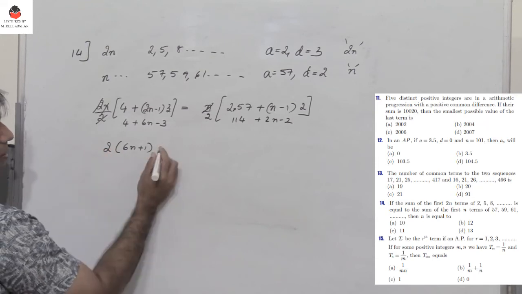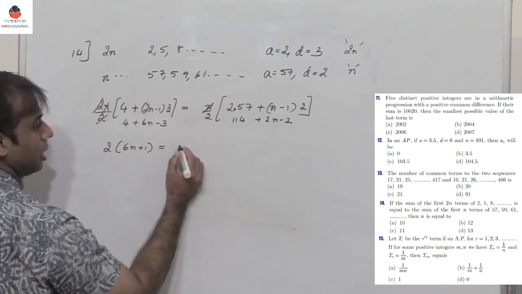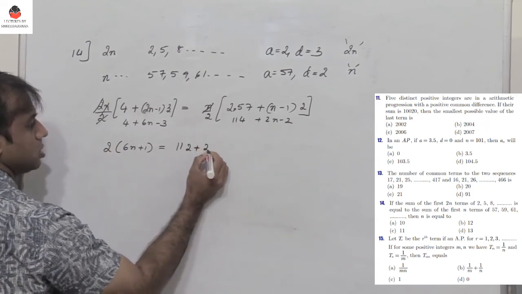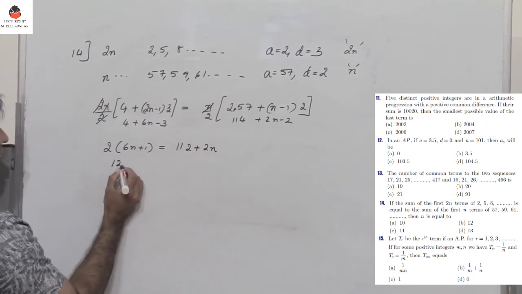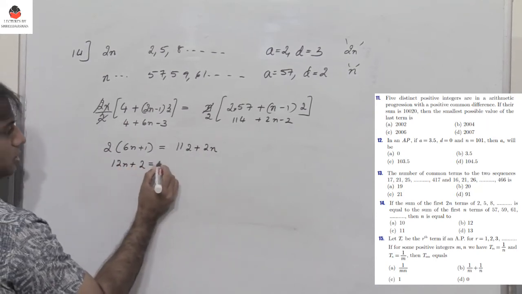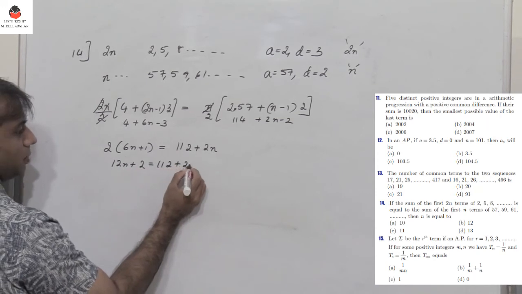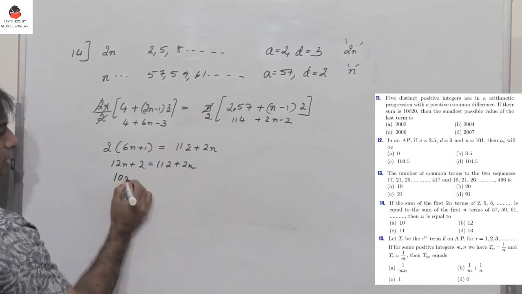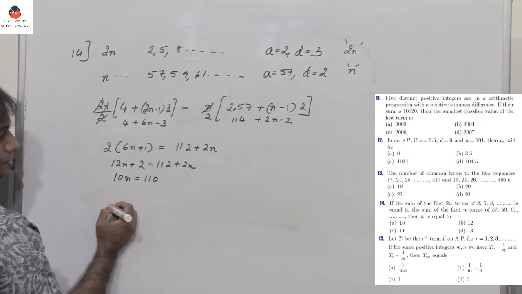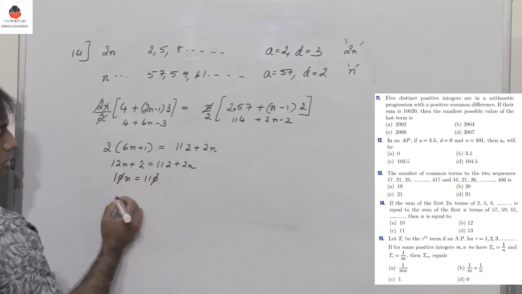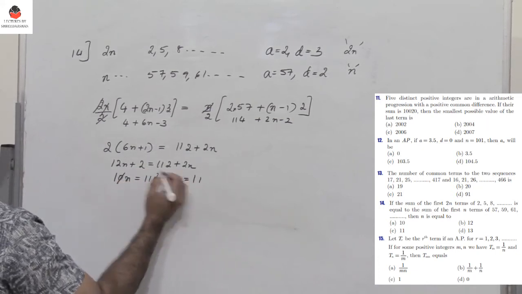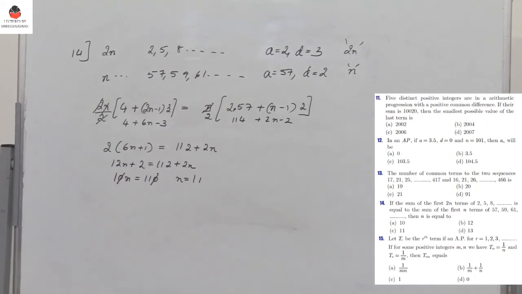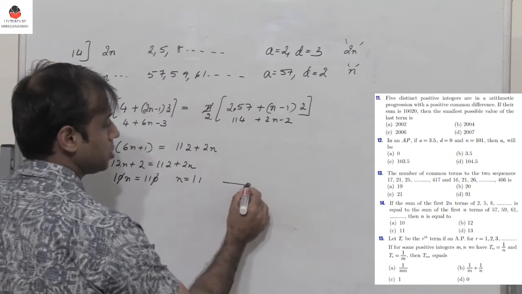So this 2 gets multiplied here, equals 114 minus 2 is 112 plus 2n. So we have 12n plus 2 equals 112 plus 2n, or 10n equals 110. So 0, 0 gets cancelled. So n equals 11. So the number of terms n is equal to 11, and this corresponds to option C.